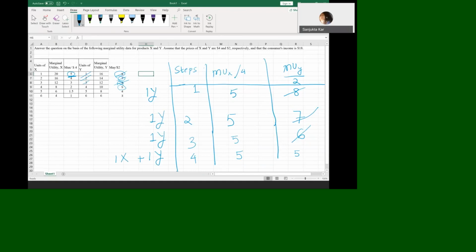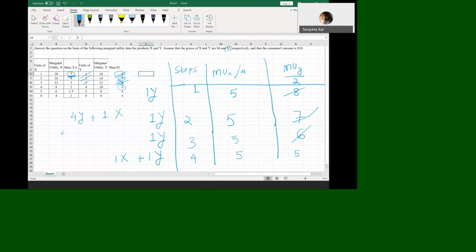Now let's see how many Y's the consumer purchases. From all the steps, it's 4Y. With that, I'm going to add 1 unit of X. So the consumer has an income of, let's see, $18 here. That's fine. 4Y means this number, 4 times $2.